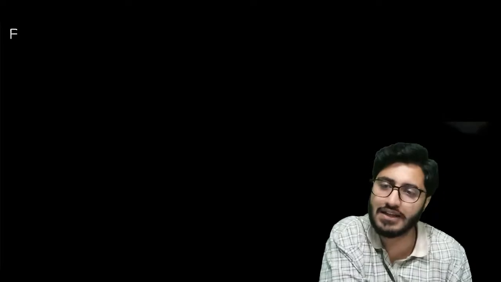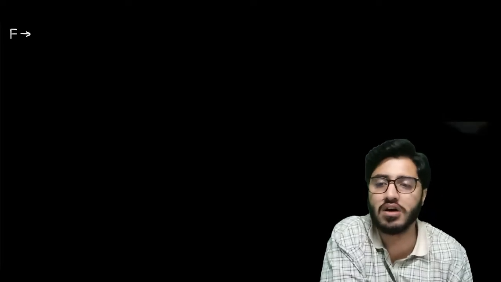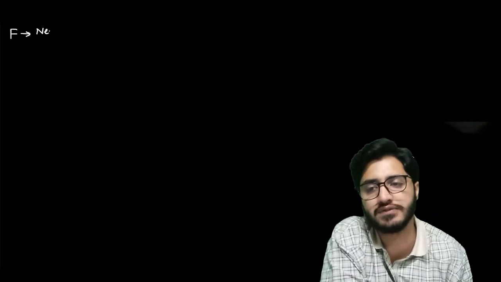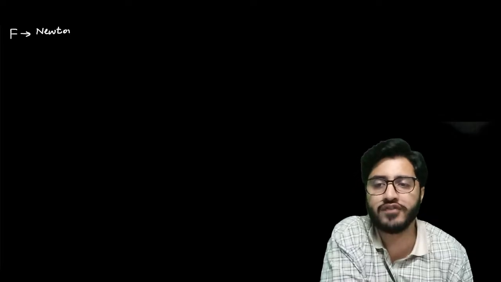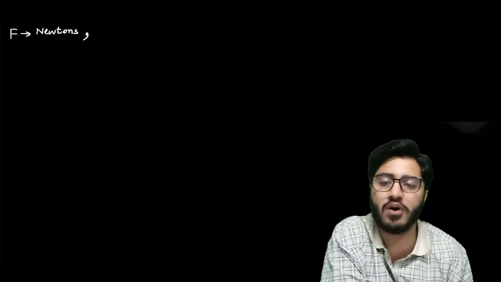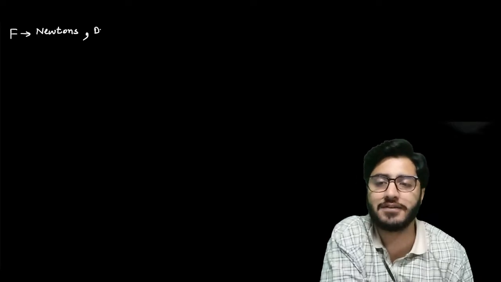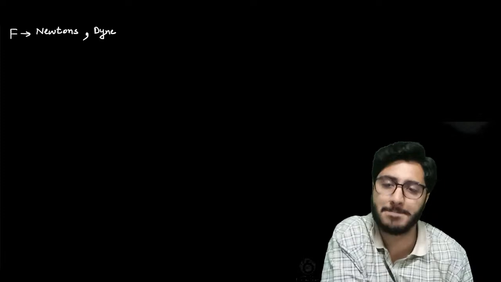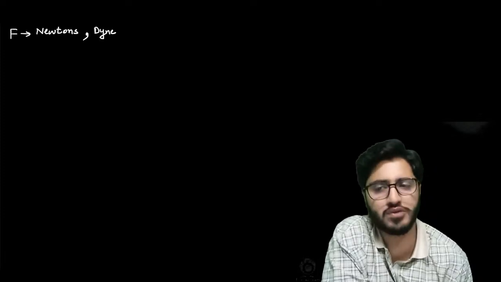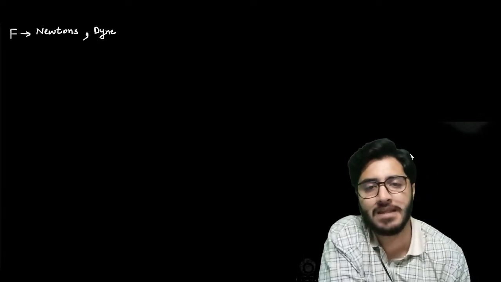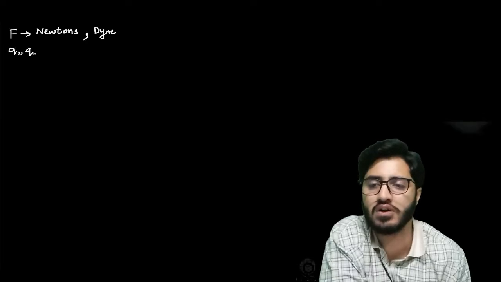So what is F? Sir, F is force, right? Force in newtons, or if we talk about CGS, dyne, no? Force could be in newtons or dyne. And we know one more thing, Q1 or Q2.